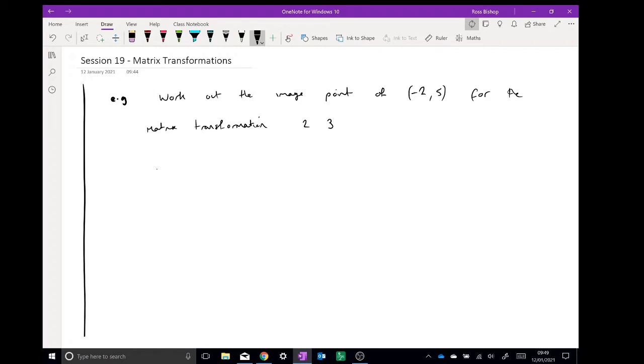This could be worded in a number of ways. It could be, say, by the matrix given as that. Or it could be, work out the image point of (-2, 5) given by the matrix that.